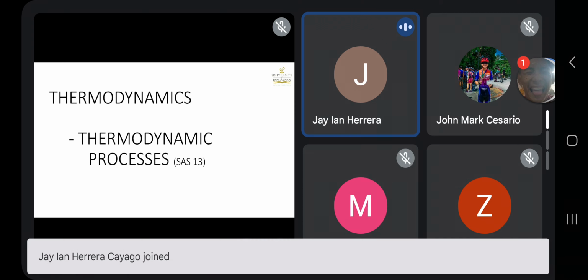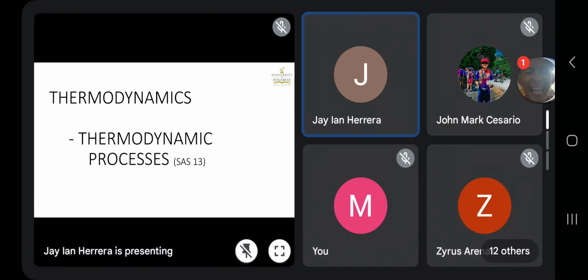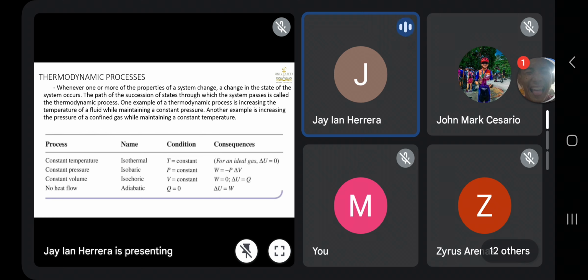So let's start with thermodynamic processes. In thermodynamic processes, as I said, it is a combination of what we studied from Thermo 1 to Thermo 2. If you remember, or if you have your notes from Thermo 1, the energies: internal energy, work, heat. All of those fall under this, together with the specific heat and others, ideal gases, laws, and so on.